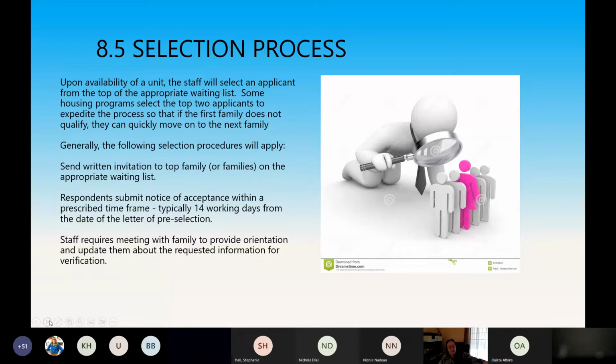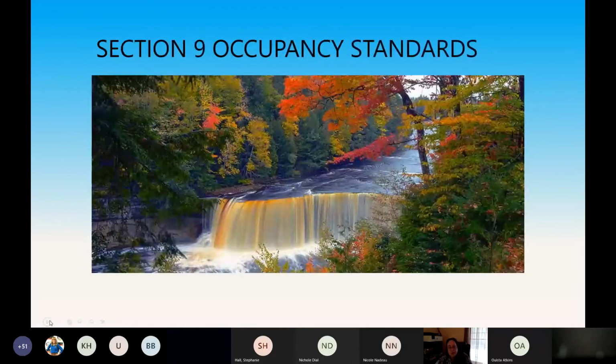You send that invitation to your top family, depending on where you're at. If you're a small reservation, they pick up the phone and call them. Respondents submit that notice of acceptance within a prescribed time frame, typically 14 days from the date of the pre-selection. The staff requires meetings with the family to provide orientation and update their information and verifications.